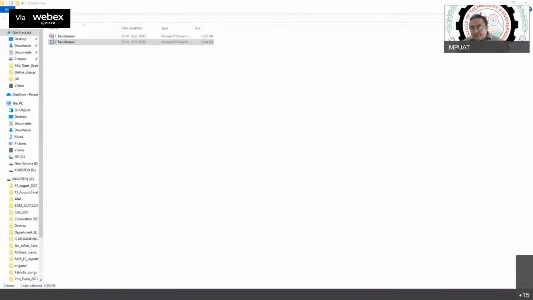The principle I have already explained to you, that is how an ideal transformer works. First of all, what is an ideal transformer? In an ideal transformer, there are no losses. There are two types of losses, iron loss and copper loss, but these losses are absent in an ideal transformer. So whatever input you provide on the input side, you will get the same at the output.